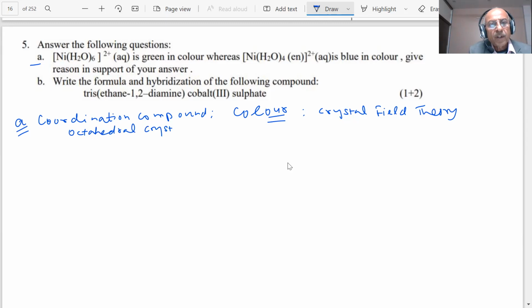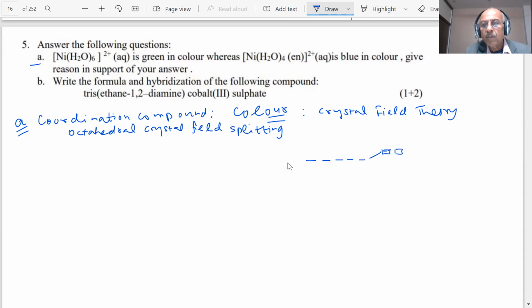In octahedral crystal field splitting, what happens, you have seen in the book, students. The 5 d orbitals which were degenerate get split up into two sets. When the ligands come, the energy becomes a little higher.